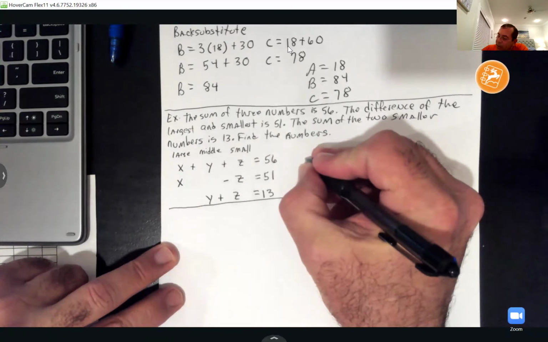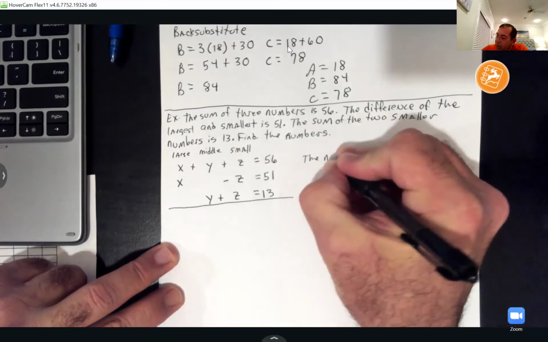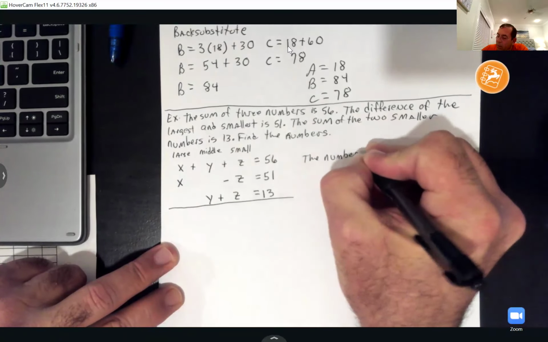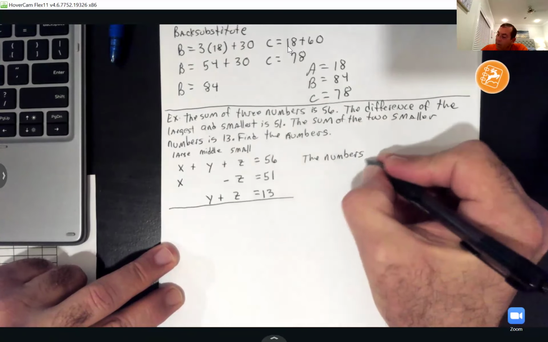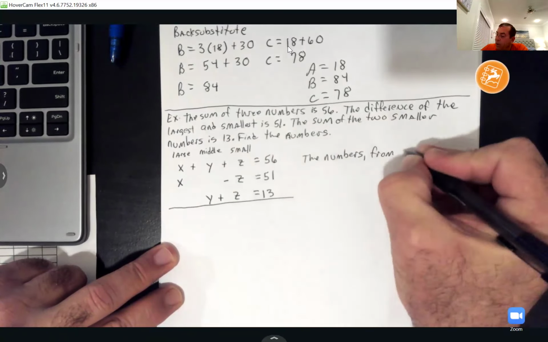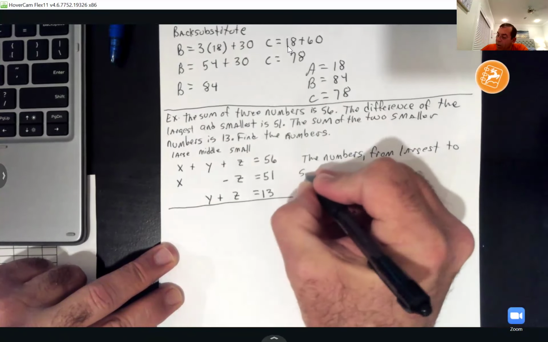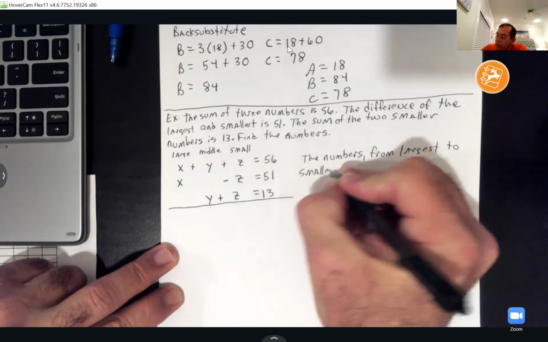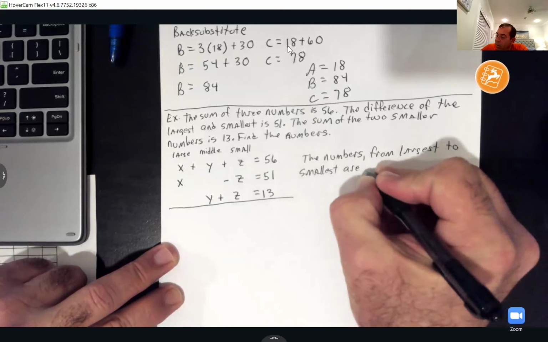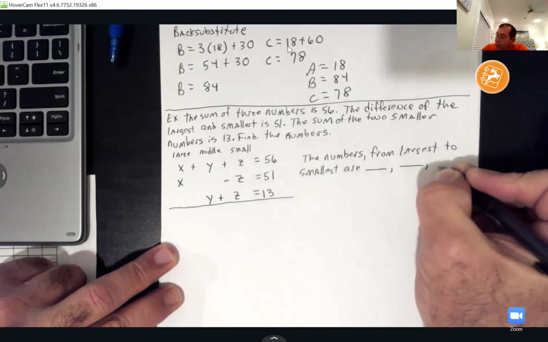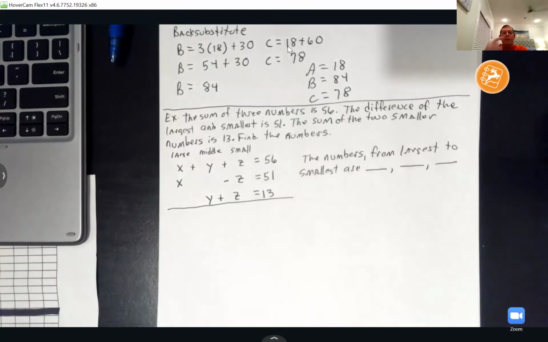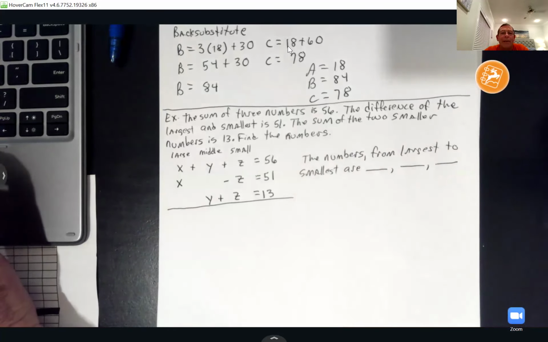So for our answer, the numbers from largest to smallest are blank, blank, and blank. So y'all, let's go punch it in and see what we get.